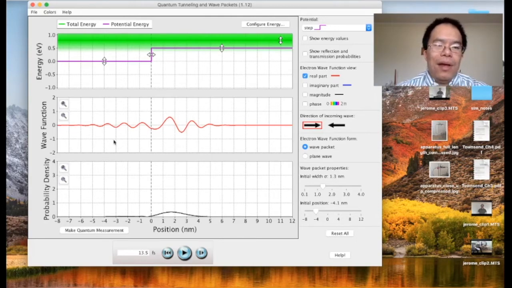Now notice that the total energy up here is smeared out. That's because, as we might remember, a wave packet is not a plane wave. It does not have a single well-defined energy. In other words, wave packets are not energy eigenfunctions. And so when we come back to the board, we'll see why we might sometimes want to think of things in terms of plane waves rather than wave packets.